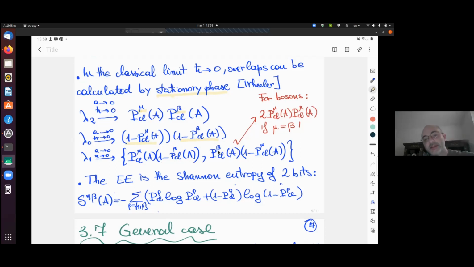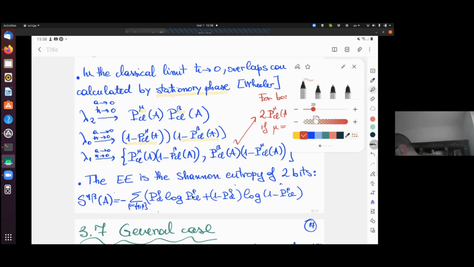And the other one is the probability to find the particle with quantum number beta and not the particle with quantum number mu inside region A. So if you combine this result, you can calculate the classical value of the entanglement entropy, and you really see that it's just the usual Shannon entropy of 2 bits.